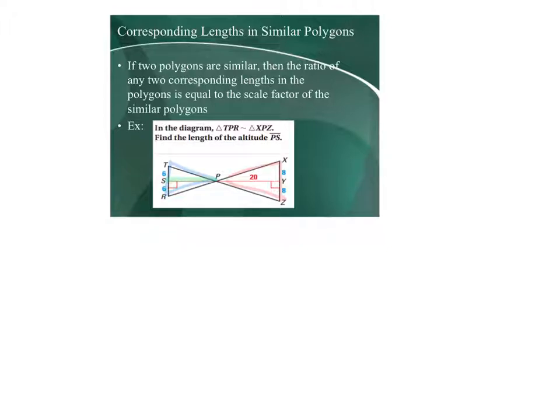So since I'm not talking about the smaller individual right triangle, I'm going to add the 6 plus 6 and get 12 over 16. Does that make sense? So 6 plus 6 for the TPR and 8 plus 8 for the XPZ. The scale factor here, when I simplify this, becomes 3 to 4.